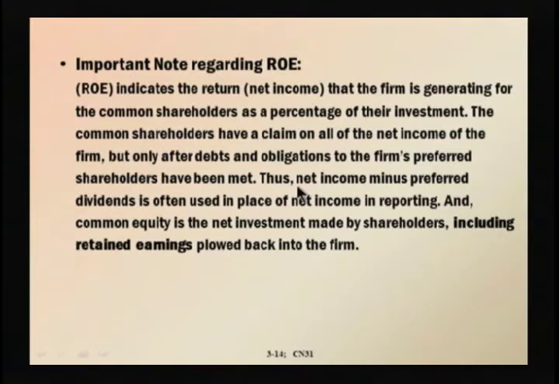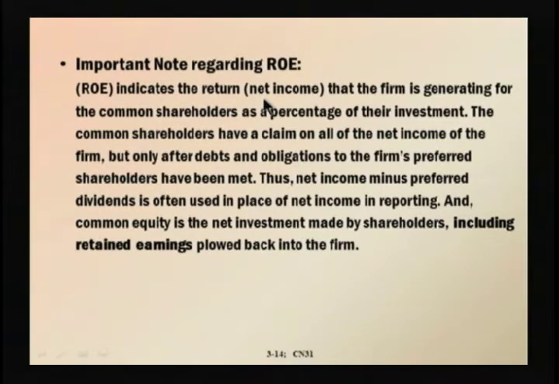So the idea that we're trying to measure the return to the common stockholders reminds us that any preferred dividends that the firm is expected to pay need to come off before we measure the return on equity. So while we may use net income in that numerator, if there are preferred dividends, typically we want to subtract those off and use what's called net income available to common shareholders.